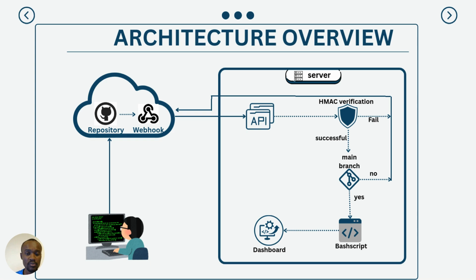If it's not the main branch, a message is sent back to the webhook configuration on GitHub. If it's the main branch, then we proceed to invoke the bash script that in turn triggers other workflows, such as updating your dashboards that are configured on Shiny Server.